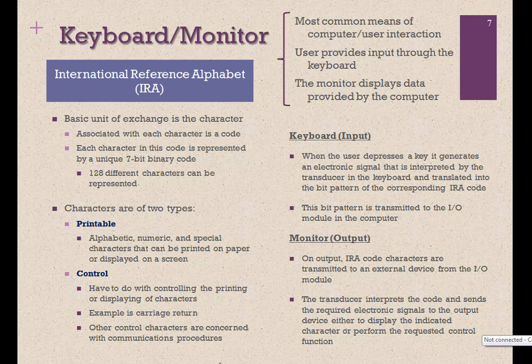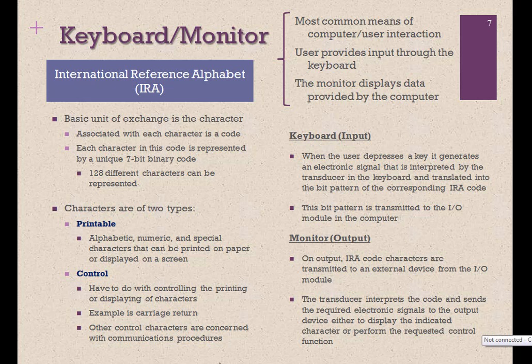When the user presses a key, it generates an electronic signal that is interpreted by the transducer in the keyboard and translated into the bit pattern of the corresponding IRA code, the International Reference Alphabet code. This pattern is transmitted to the IO module in the computer.